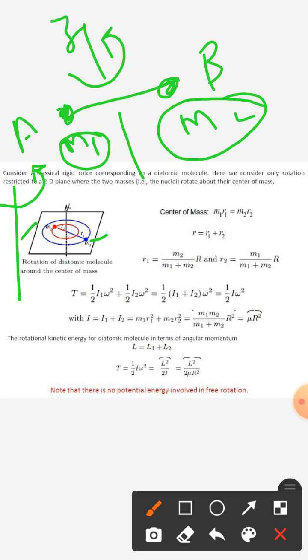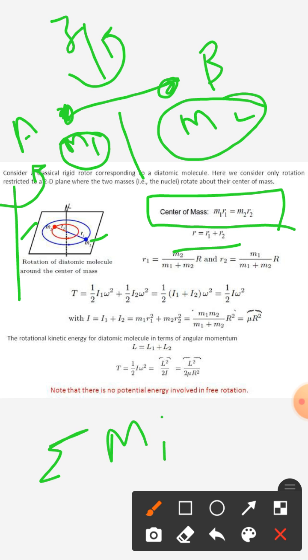So here the total distance r equals r1 plus r2, and for the center of mass of the system, as we know, the summation of mi ri always equals 0.